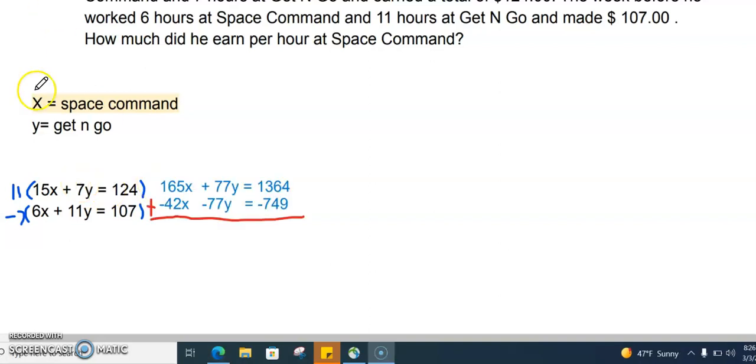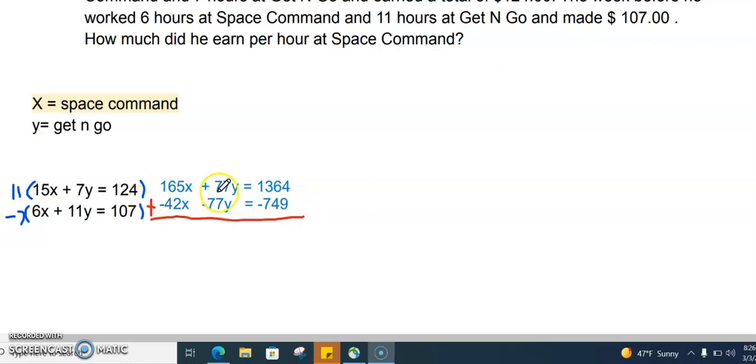So if I do that, when I use the distributive property, 11 times 15 is 165, 11 times 7 is positive 77, and 11 times 124 is 1,364. And then I multiplied the second equation by -7 so that I could get -77y. And then -7 times 107 was -749.